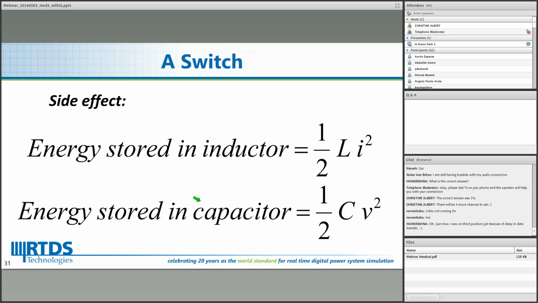Then another side effect is the fictitious loss. I believe all of us are already familiar with this formula. The inductor is an energy storage device, and the capacitor is also an energy storage device. The inductor stores energy in the form of a magnetic field, and the capacitor stores energy in the form of an electric field. But in real life, a switch is a switch, not an energy storage device.